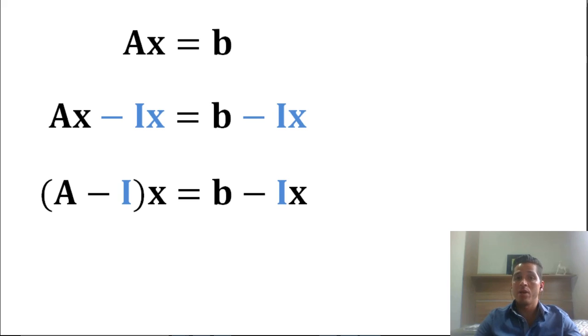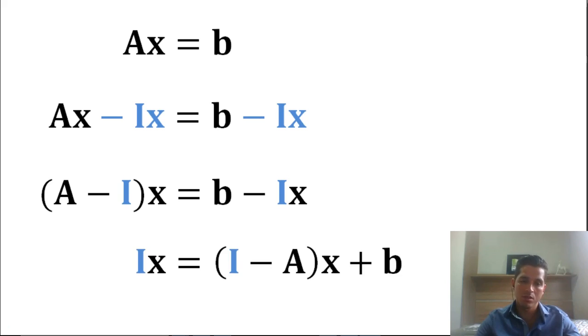I'm just rearranging elements. A minus I times x equals b minus Ix, no problem. Just rearranging elements. And I'm now just going to put this Ix to this side and this to this side, and no problem. We still have Ax equals b.